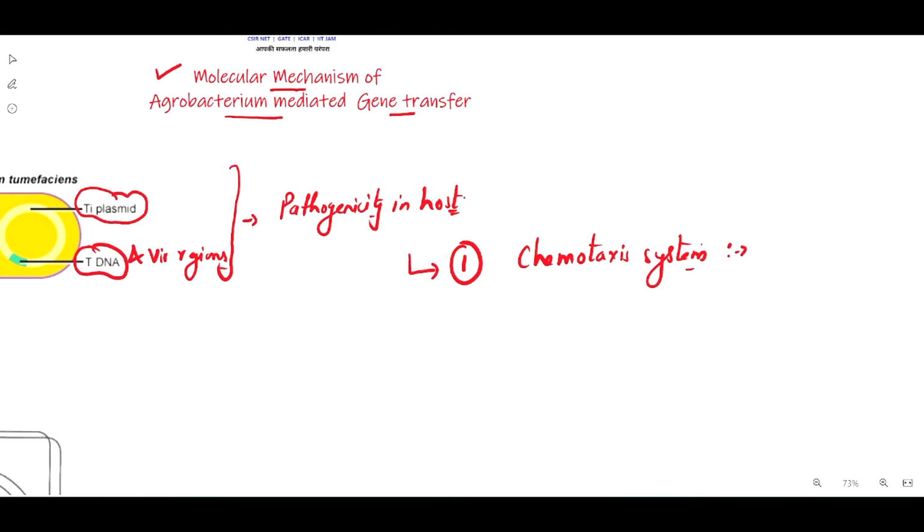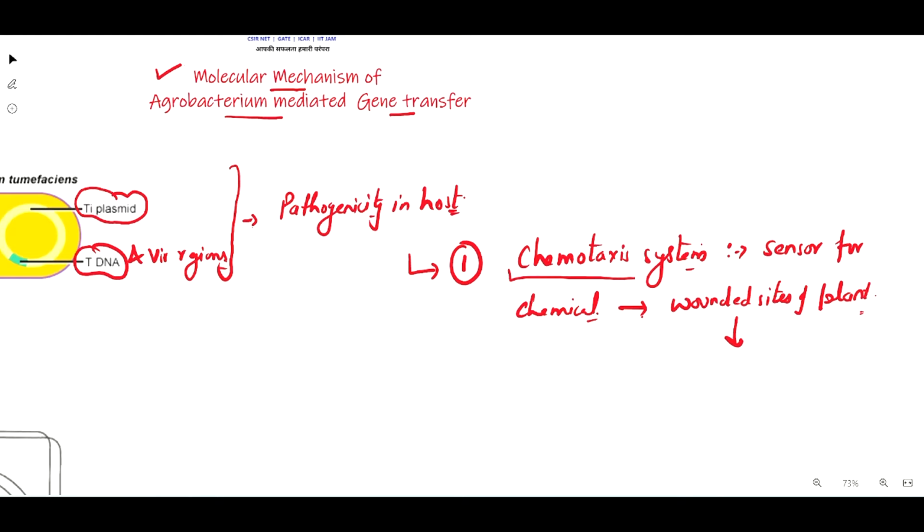This chemotaxis system acts as a sensor for chemicals which are released by the wounded sites of the host plant. These wounded sites make the bacterium move towards them, and this attraction of the bacterium to the wounded site is called chemotaxis.